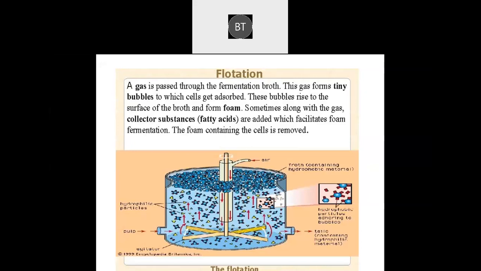Then you can collect them by using the collectors, as I have mentioned, like long chain fatty acids. Once these microorganisms bind to the gaseous substances, they form a froth or foam, which can be removed by a simple method.